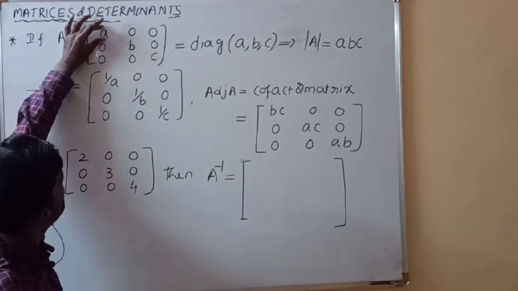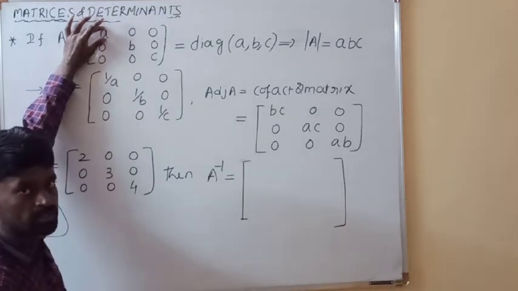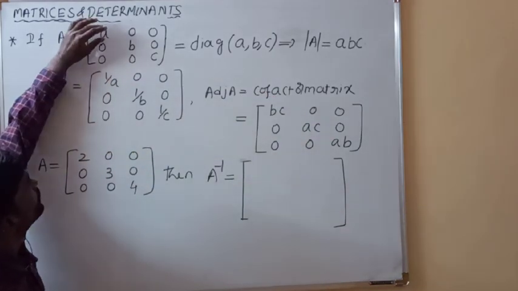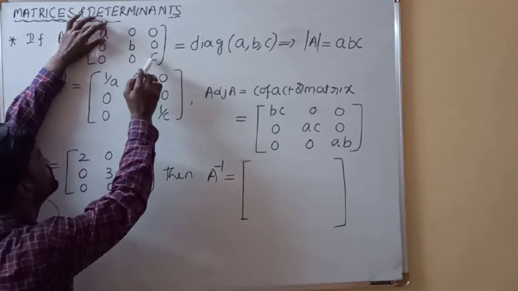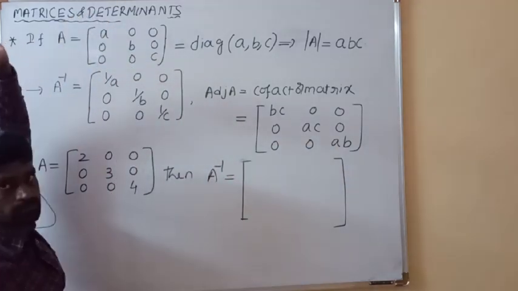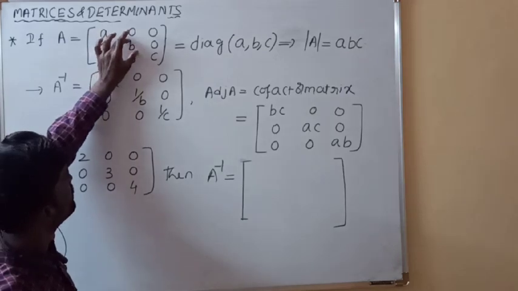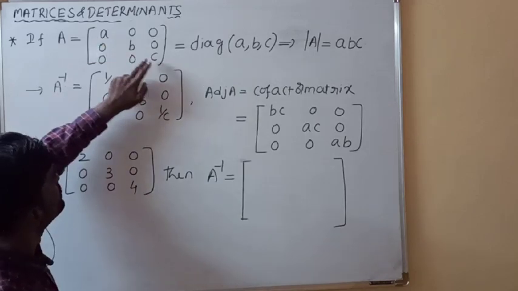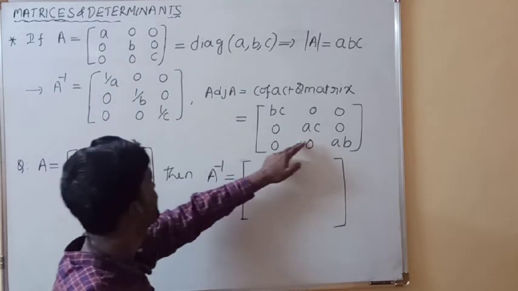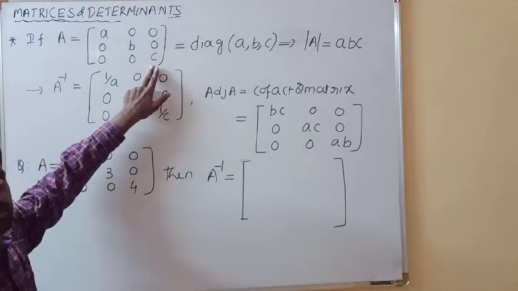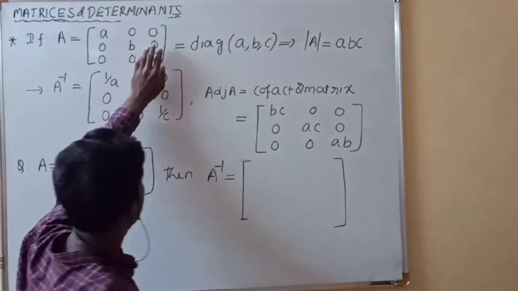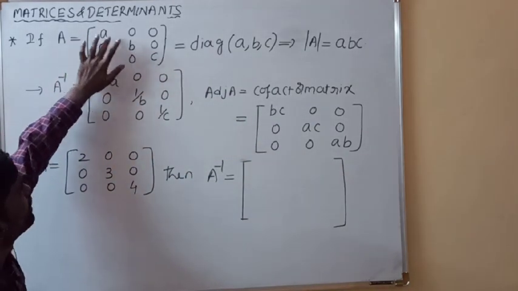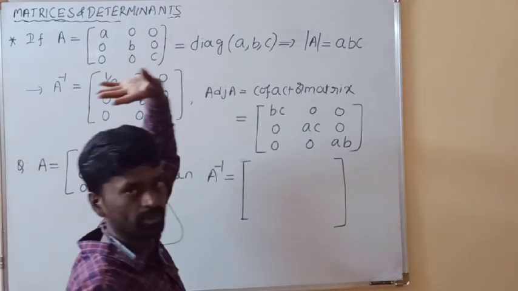The first diagonal element is A. Then in adjoint A, the first element is the product of the other two elements, that is B into C. The second diagonal element is B, and in adjoint A the second diagonal element is the product of the remaining two, AC. Similarly, the third diagonal element is C in A, and in adjoint A it is the product of the remaining two diagonal elements, that is A into B, AB.